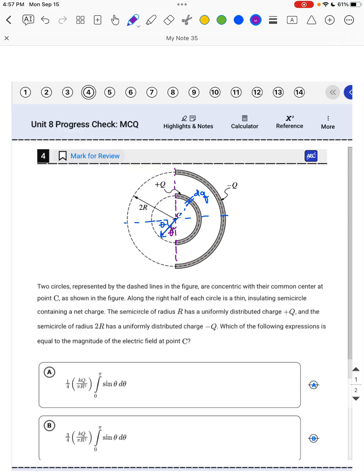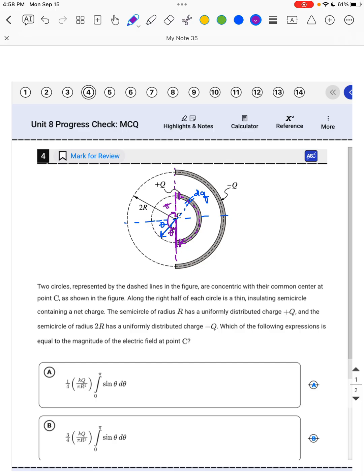When we start with a piece of charge here, the angle that it makes with the vertical is 0. And then as you move your way all the way around to the top part, the angle goes from 0 all the way to 180 or pi. So that's where the values are coming from.